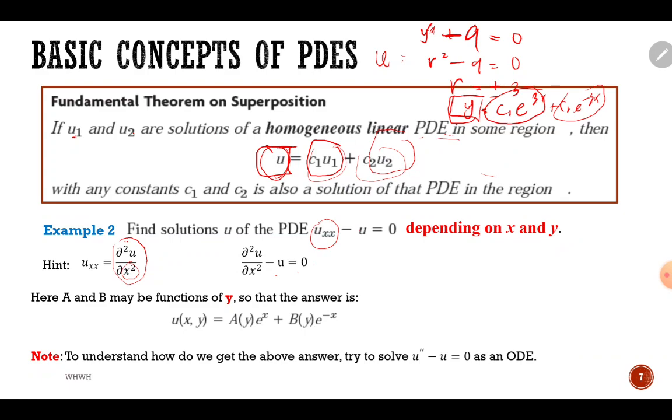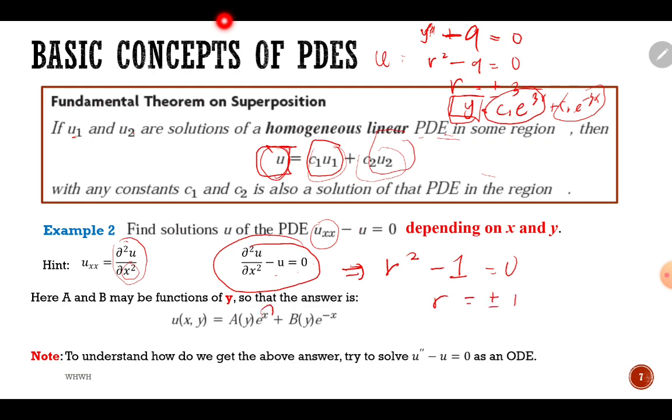So macam mana kita solve ni? Ibarat macam kita solve apa tu ODE sebelum ni lah. Kan ni y double prime, this one is partial instead of the derivative biasa. This is a partial, so you may change it to become r juga, r square minus 1 equals 0. We have r equals plus minus 1.